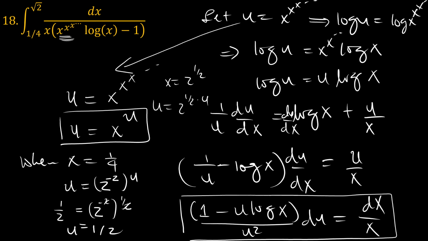And that means when x equals 2, we have 2 to the power a half times 2. So in other words, 2 equals 2. So our limits will become lower limit half, upper limit 2. And then dx over x takes that form.